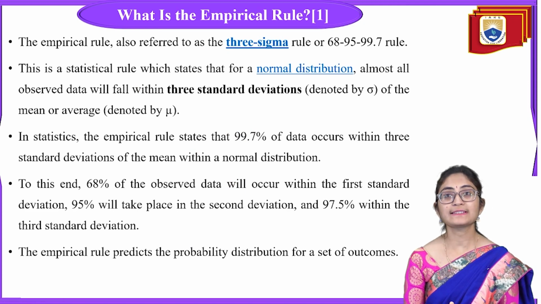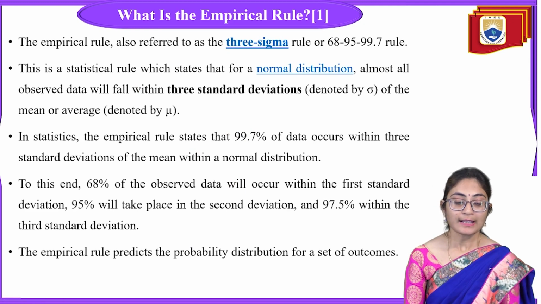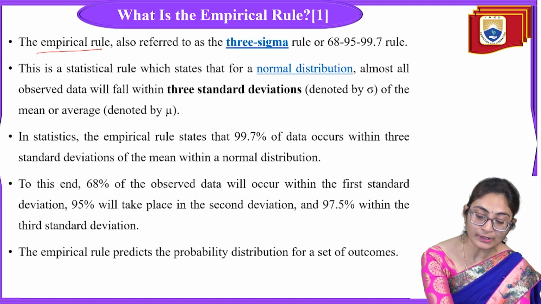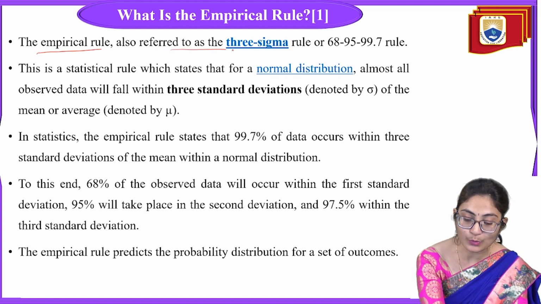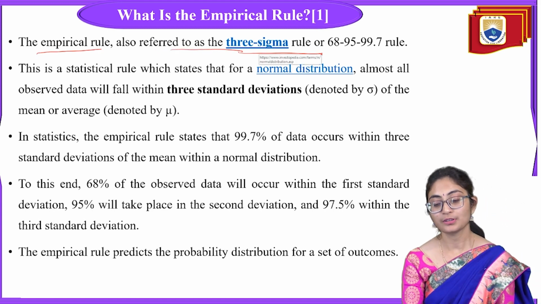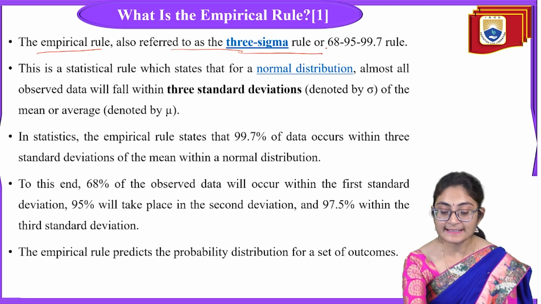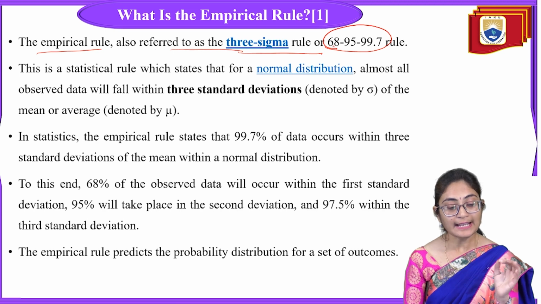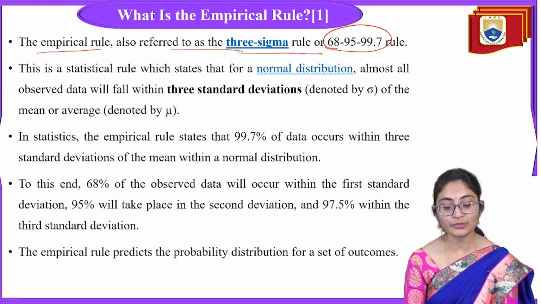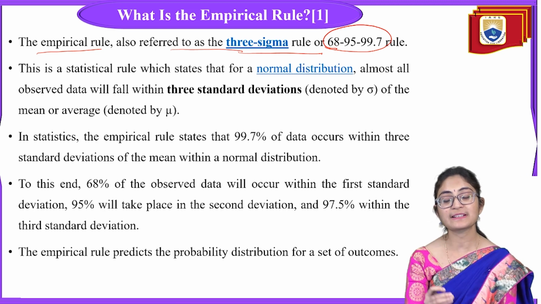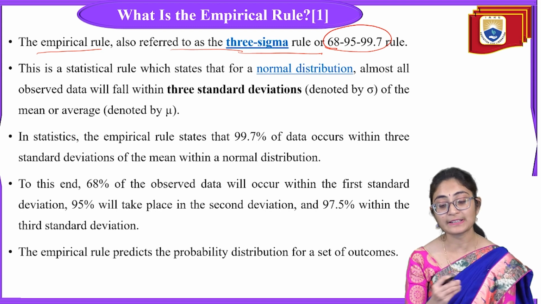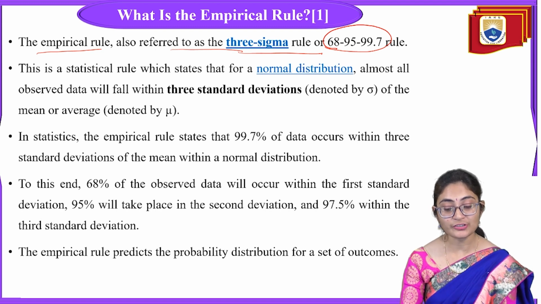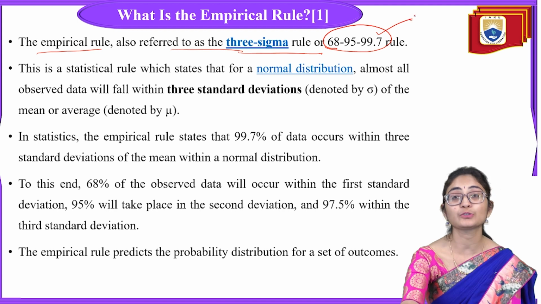First, what is the empirical rule? Actually, the empirical rule is referred to as the 3 sigma rule, or we can say 68, 95, 99.7. In the previous class, we have seen some measures of statistics, like the coefficient of variation, and these values are related to that.